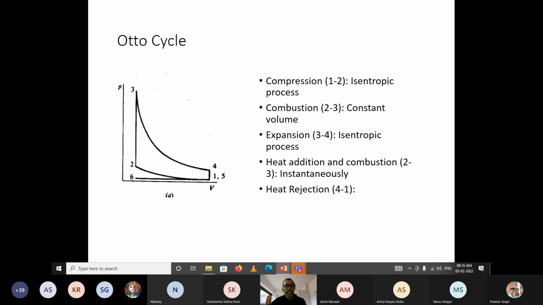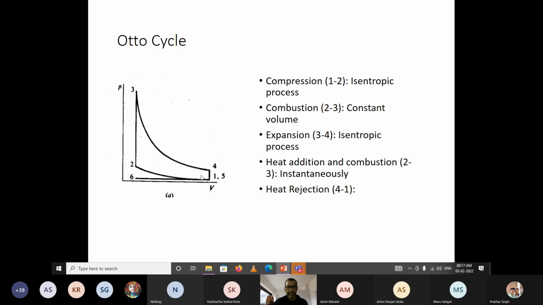So let us start with the Otto cycle, the ideal cycle that you have already studied. That is what this picture represents, the PV diagram of the Otto cycle. On the y-axis we have pressure, and on the x-axis we have volume. The different states are represented by the points 1, 2, 3, 4, 5, 6.